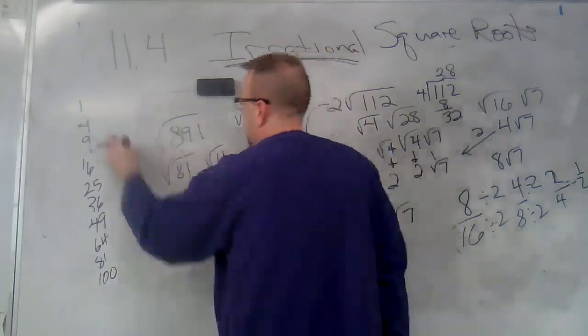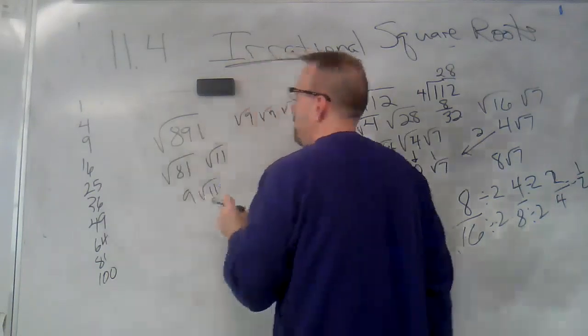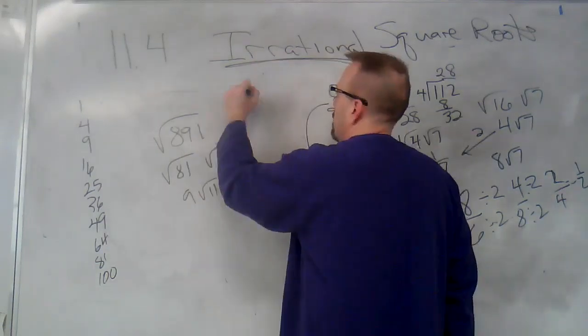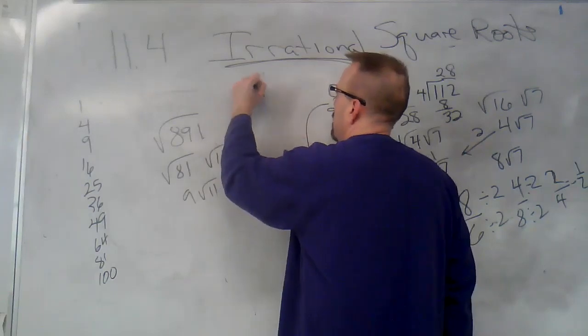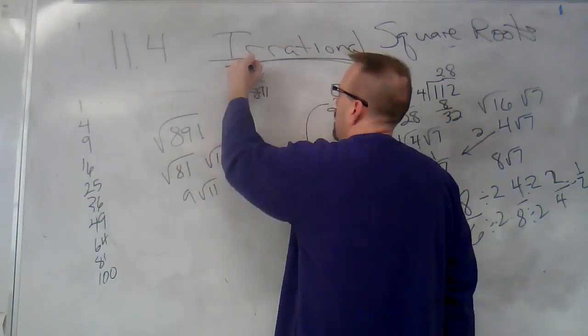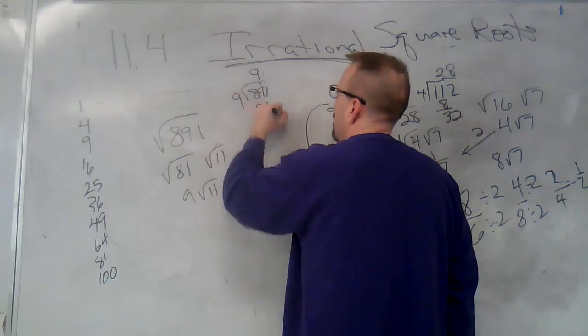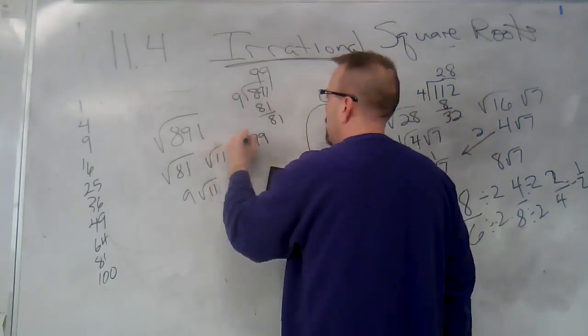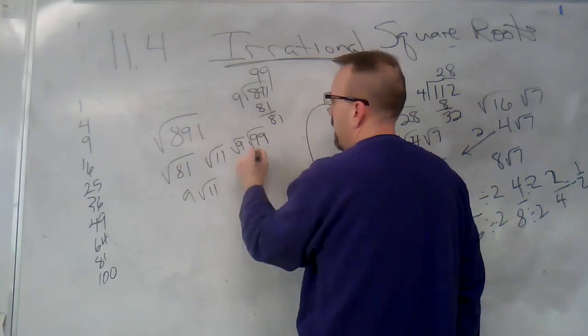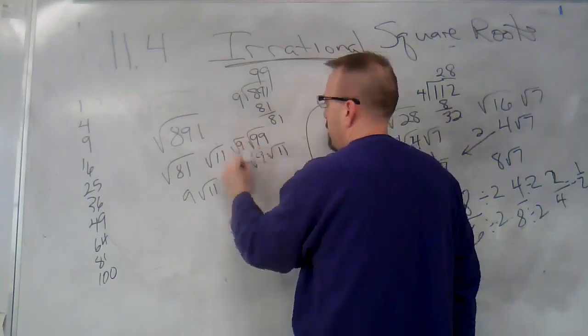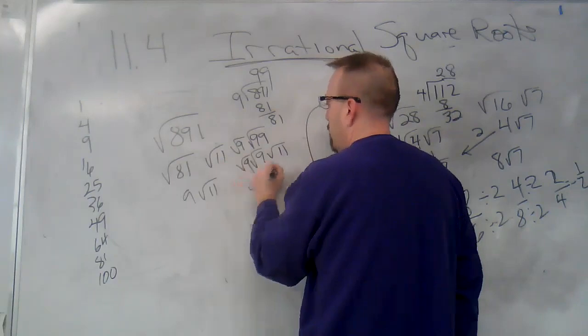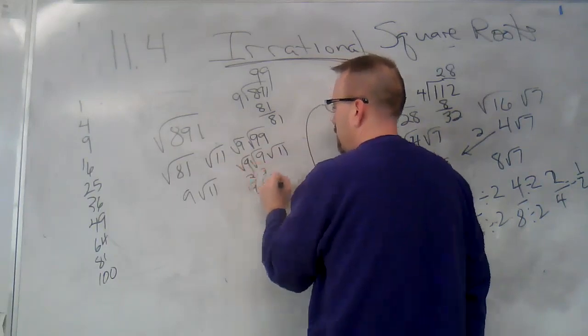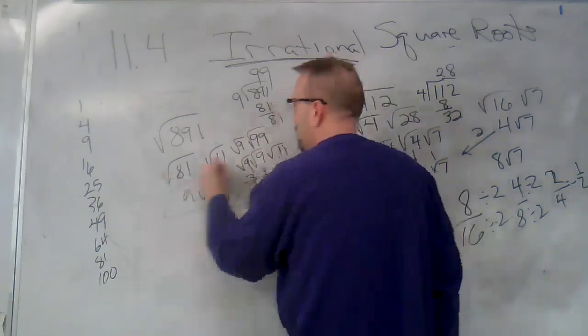So like I said, just start going through your list. 9 might have been easier. That would have given us 99, and obviously we could look at 99 and go, okay, that's 9 and 11. So we would have still come up with 9 radical 11. So it's not wrong either way.